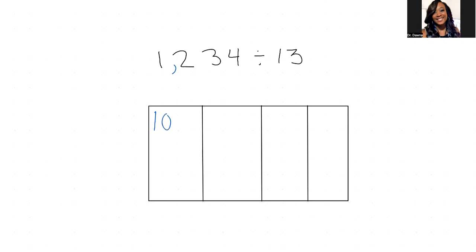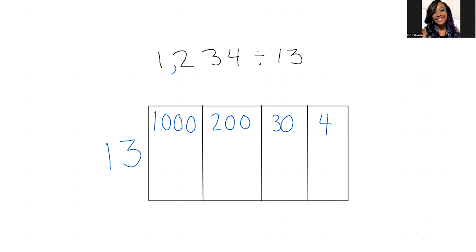So therefore, the expanded form is 1,000. 2 is in the hundreds place, so the expanded form is 200. 3 is in the tens place, so the expanded form is 30. And 4 is in the ones place, making it just simply 4. The 13 is going to come over here to the left, and now we are ready to begin.